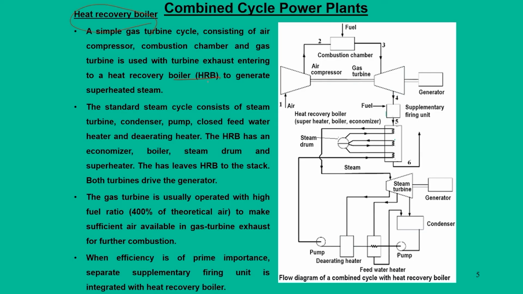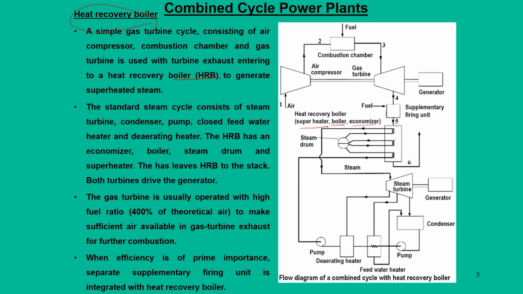So, what is the role? This heat recovery boiler will have the same entities which a steam turbine unit normally has. It will have a superheated region, a conventional steam drum or boiler region, and also economizer regions. This is typically what a steam generator unit of a steam turbine has, and we will have similar features, but how does it need to be operated?